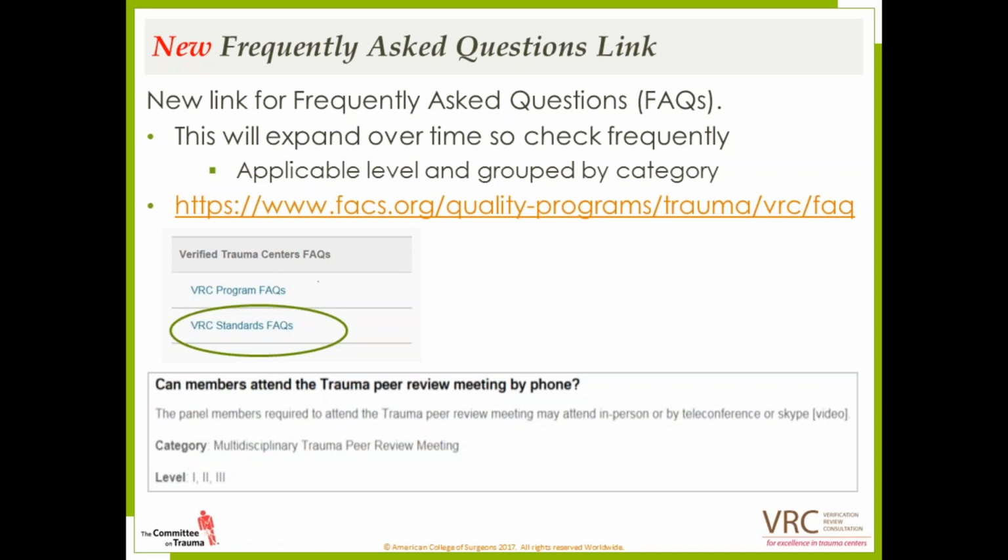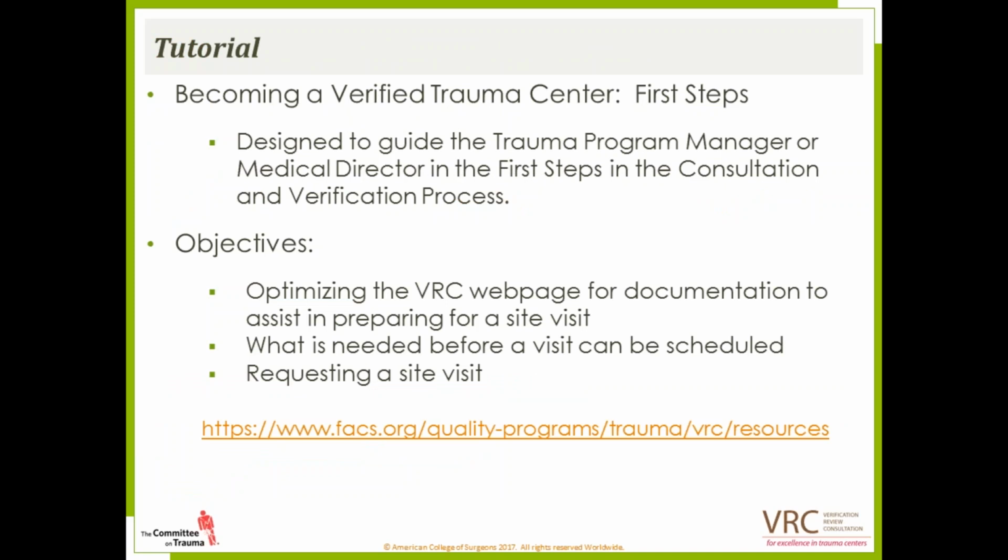But in the future, we're going to have the ability to do it by level and by category. So again, we have 12 now, and we're going to build on that. I would like to ask you to visit that frequently, just to see if there are any new updates. And I will definitely keep the participants during our webinars up to date on how that's going forward.